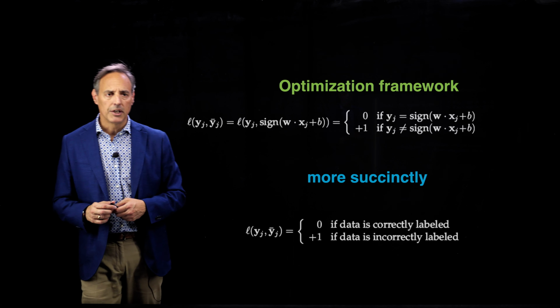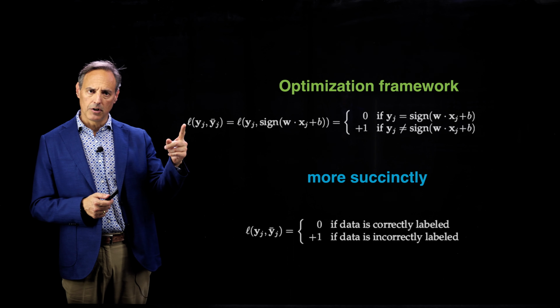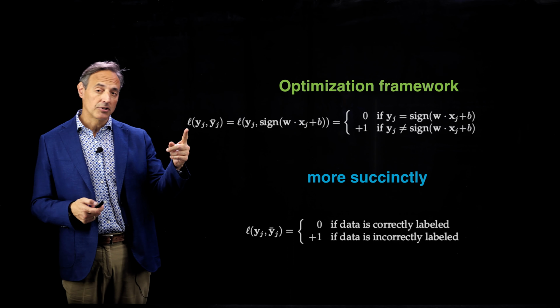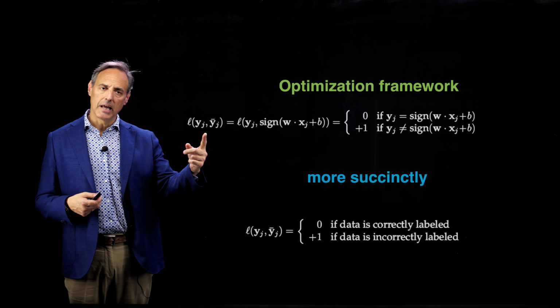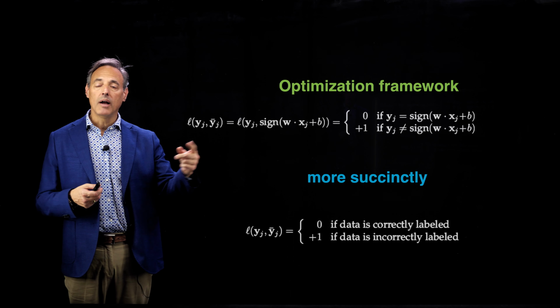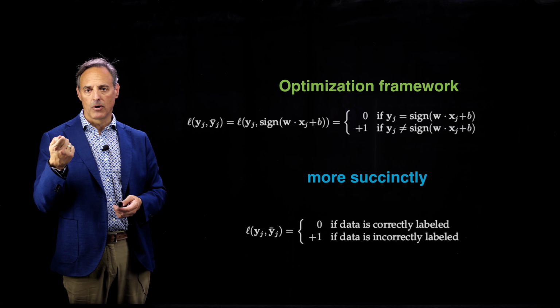All right, so here's the optimization framework. We define this function here. This is going to be a loss function, L, which is basically looking at some value between y of j and y hat of j. So y of j is the actual label for the data. Is it a magenta ball? Is it a green ball?